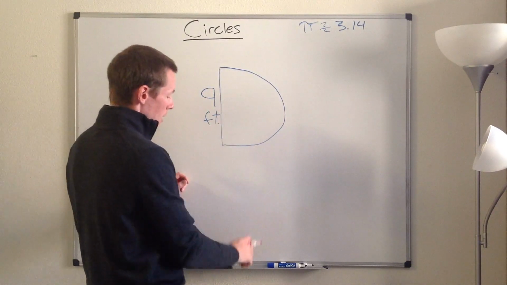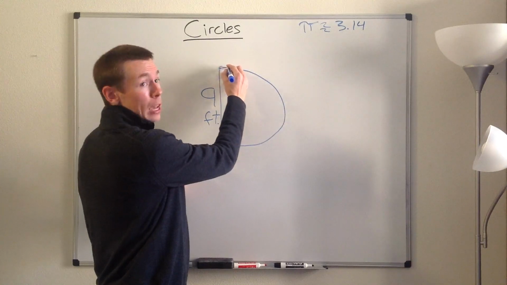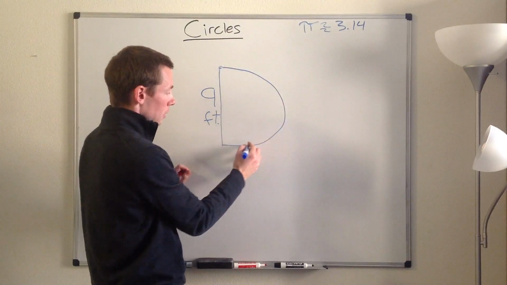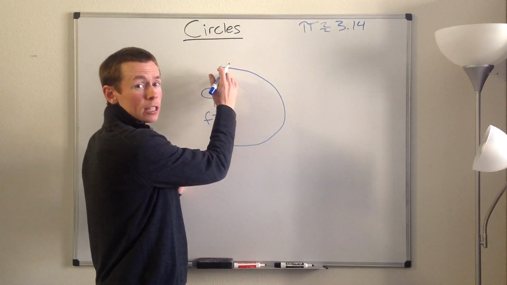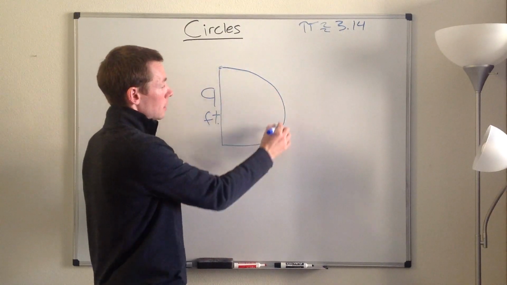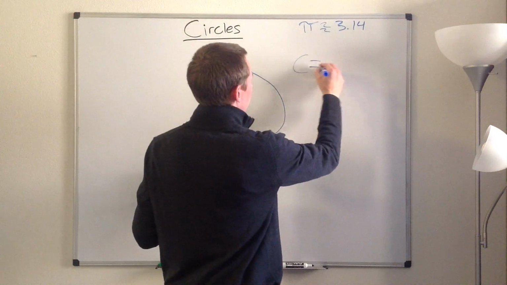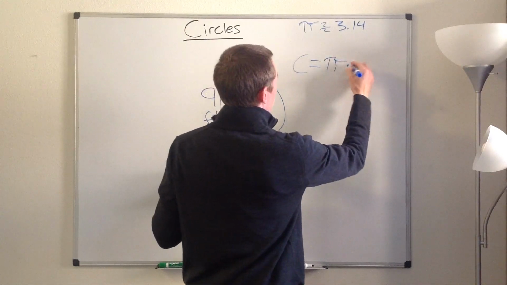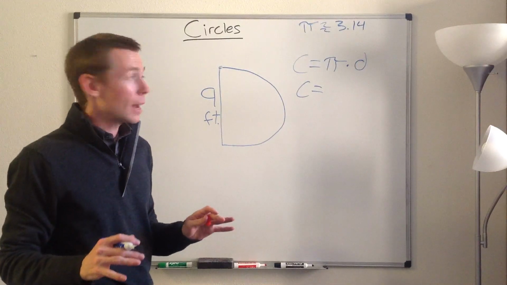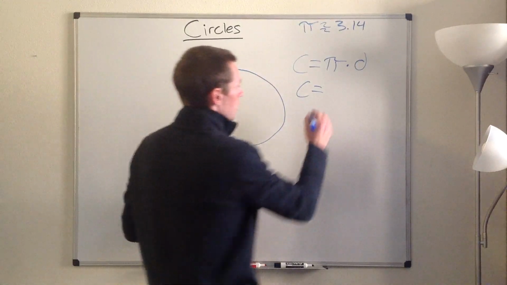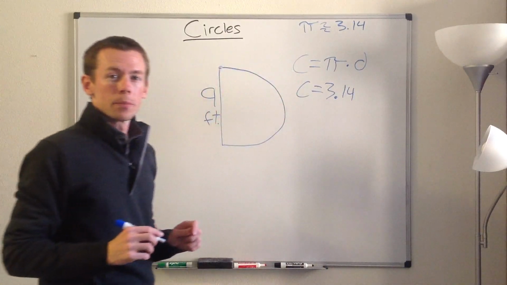Okay. So here, you can pretend you started right here and walked all the way around to down here and then back up. What's the distance from this point back to where you started? Well, remember, the circumference is pi times the diameter, and we know pi is 3.14.